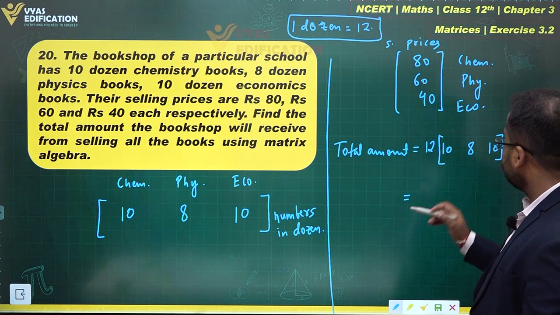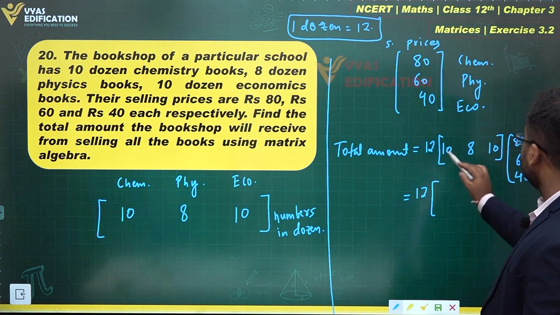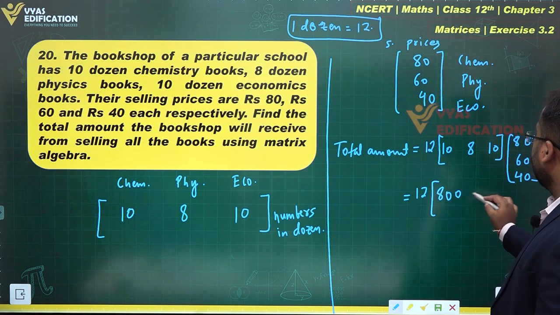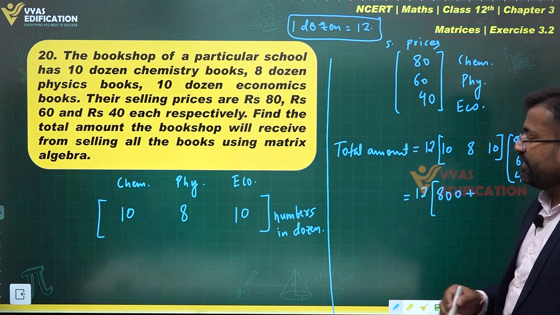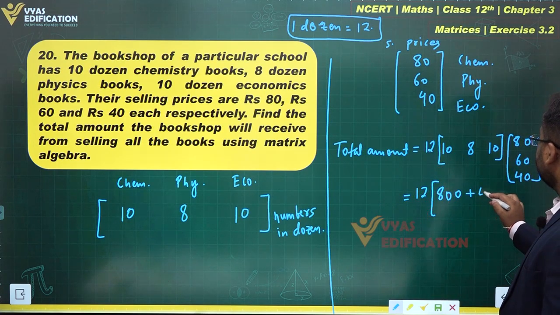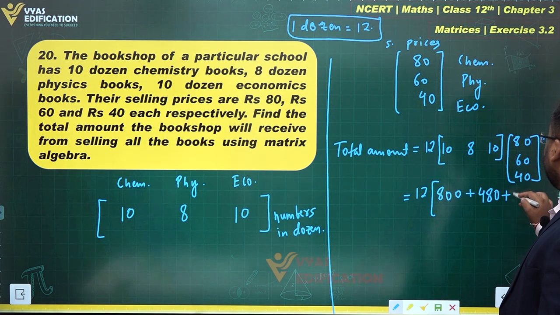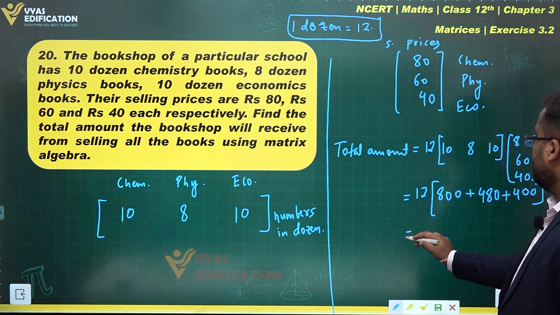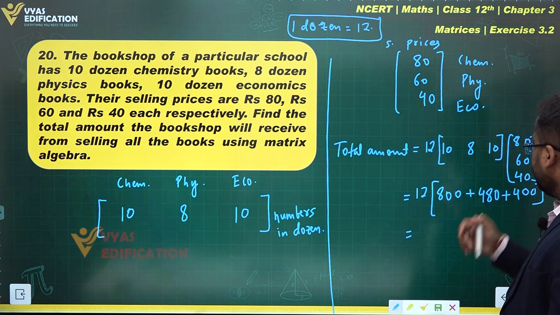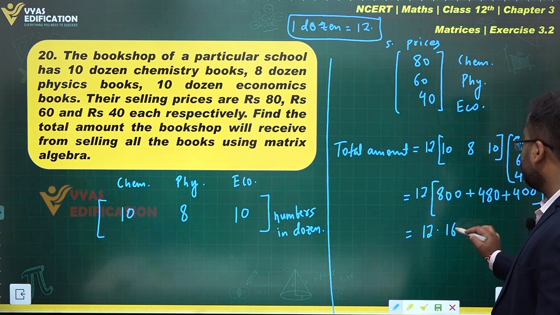So what you have over here is 12, and this first row gets multiplied with the first column, and what you get is 800 plus 480 plus 400. What is that? 1680. 12 times 1680.